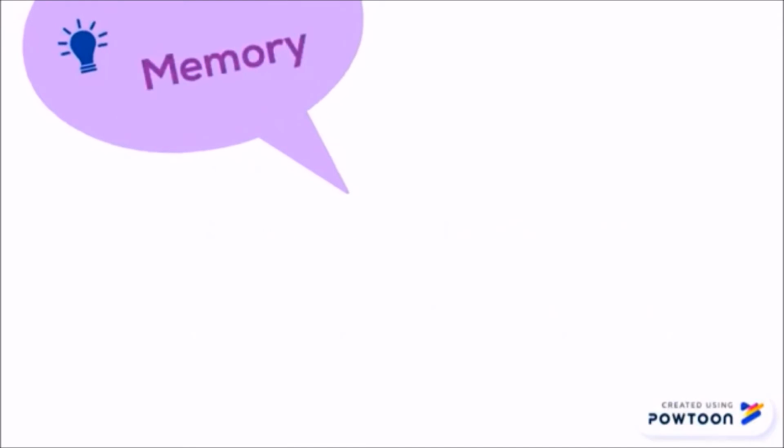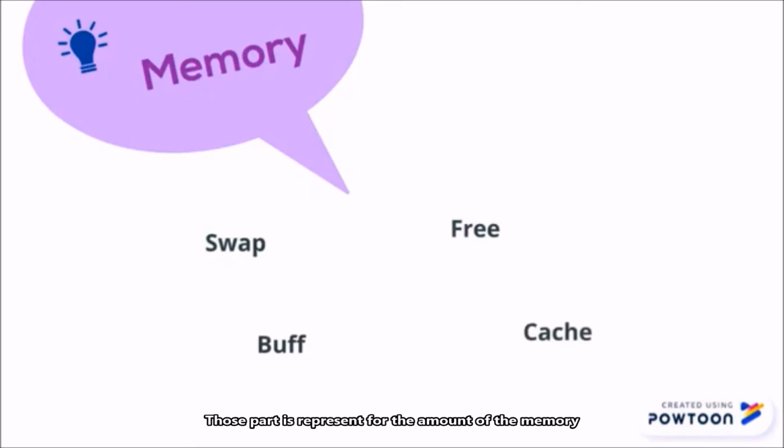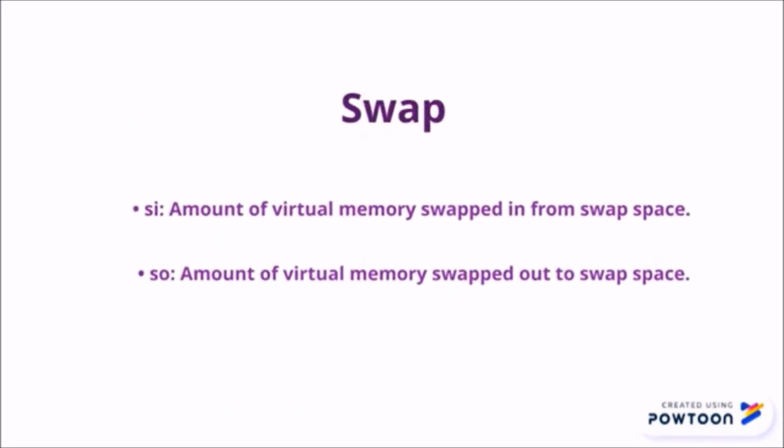For the memory part, there are swpd, free, buff and cache. Those represent the amount of memory. Next, swap has two parts, si and so. Both represent swap: si for swap in and so for swap out.